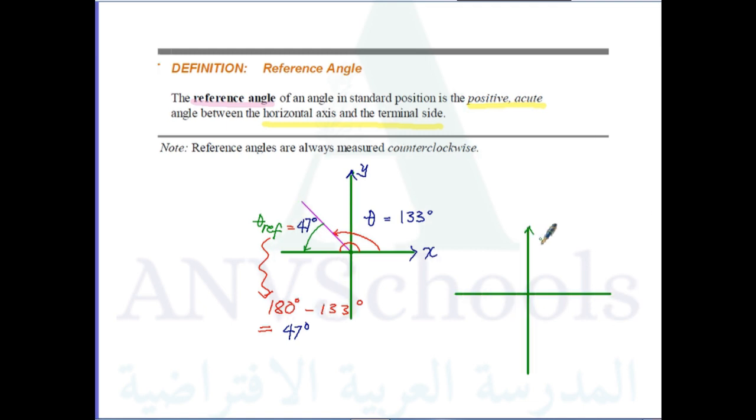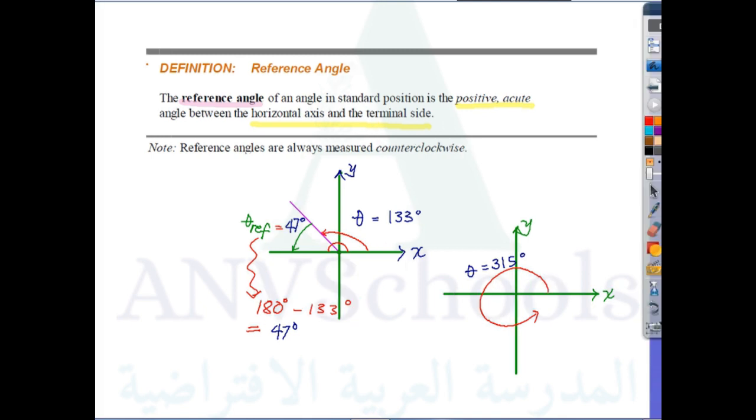So this is my x and y coordinate, and let's say my angle is more than 270, let's say theta is 315 degrees. So that would give us something like that.